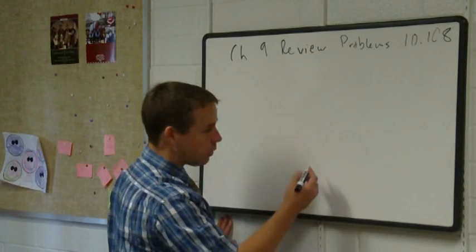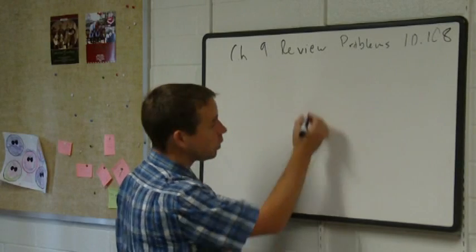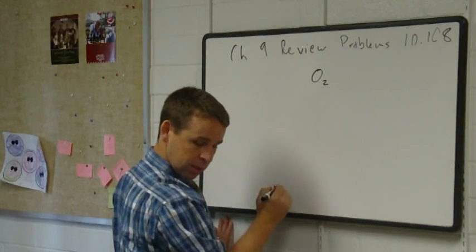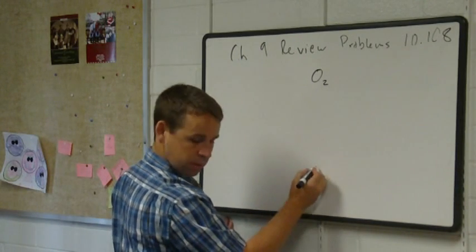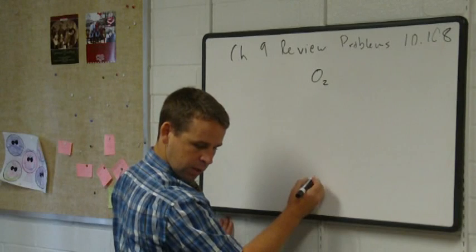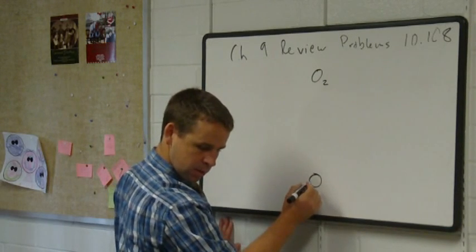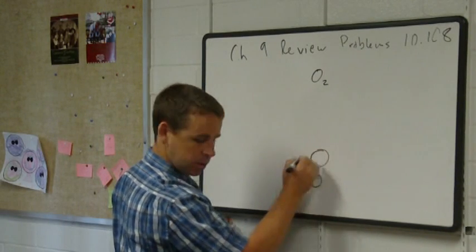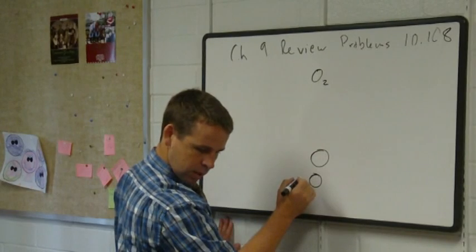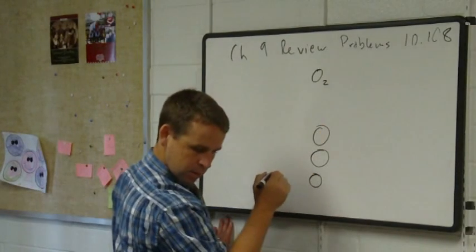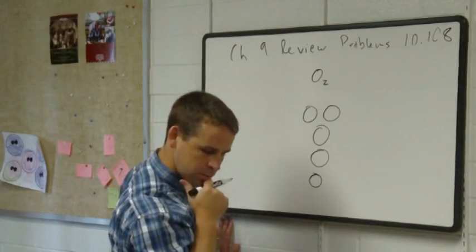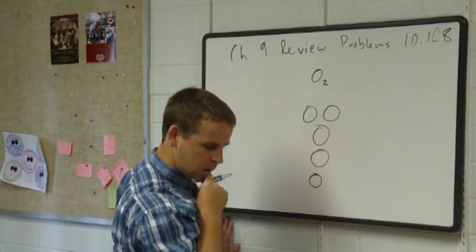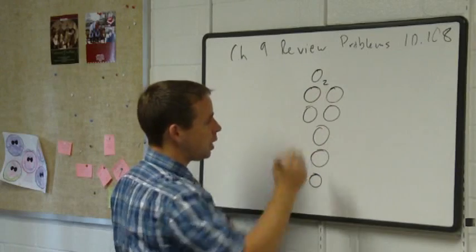All right, so let's get into a little more depth to describe what's going on here, okay? So we have our molecular orbital for O2, and we're looking at this in table 10.1 on page 449. For O2, we have a sigma bond, and then a sigma anti-bonding, and then our second sigma bond, and then 2 pi bonding, and then 2 pi anti-bonding.